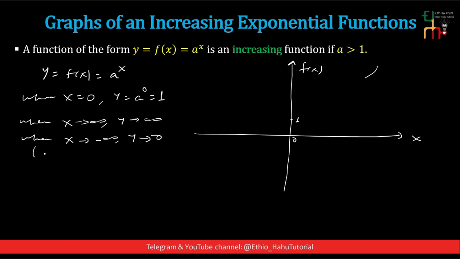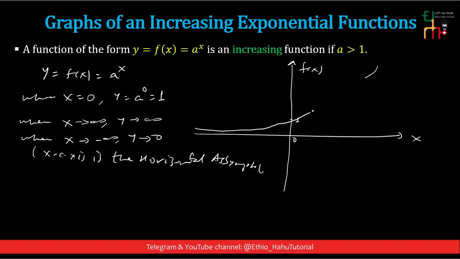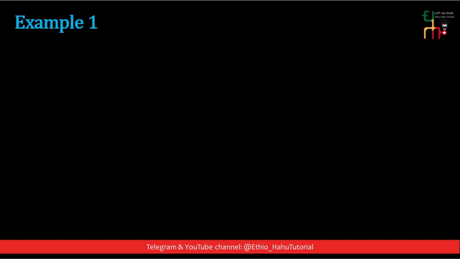Therefore, this means the x-axis is the horizontal asymptote. That means the graph increases like this. This is f of x is equal to a to the power of x for a greater than 1. And this is an increasing graph.